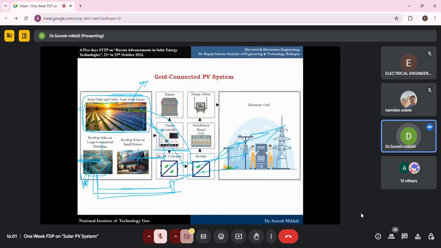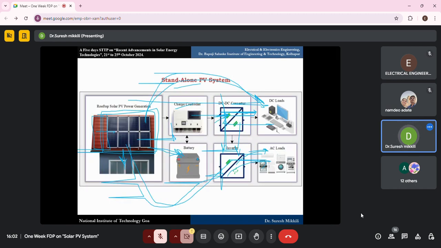What I will do, the remaining 50 kilowatt can be given to the grid. Understand? In standalone PV systems, we utilize the generated power entirely for household purposes, or else some amount is stored in batteries and utilized at night.